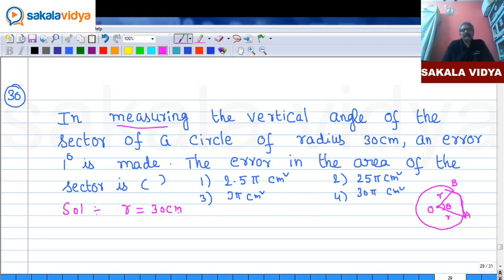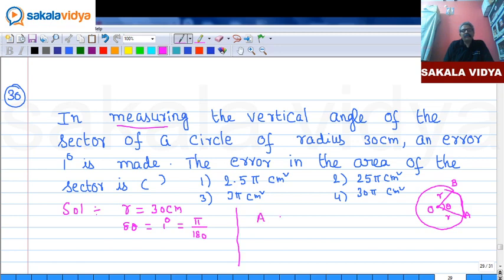Next, error delta theta is equal to 1 degree, 1 degree is equal to pi by 180 radians.